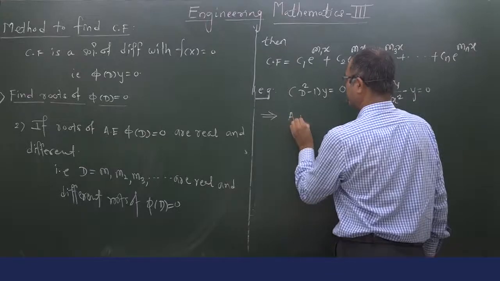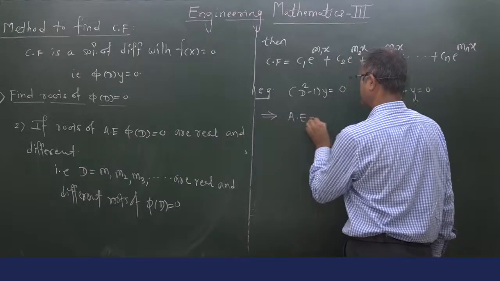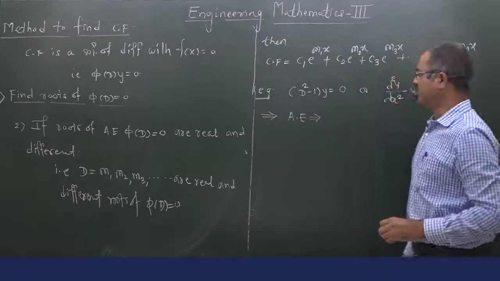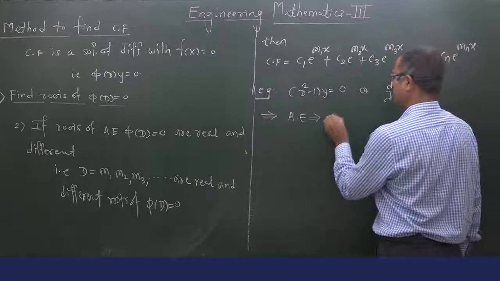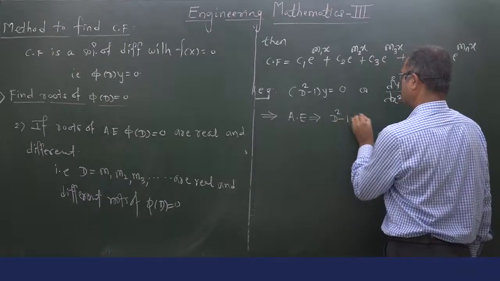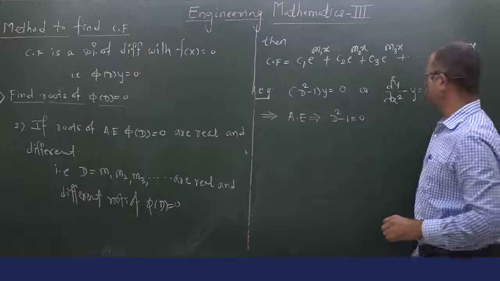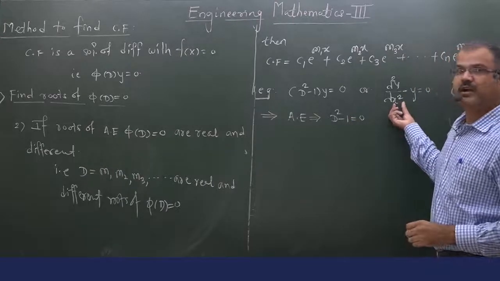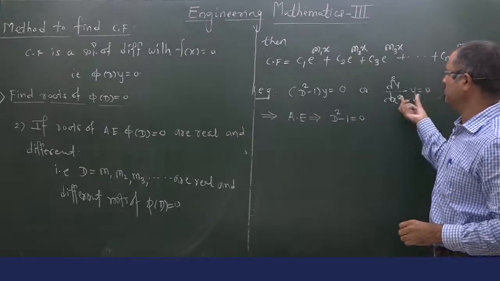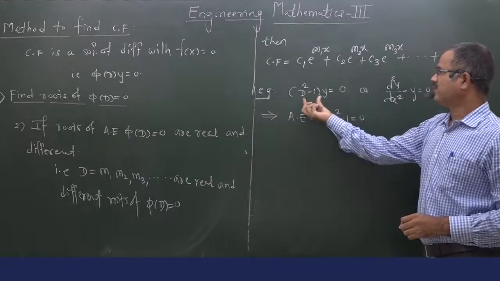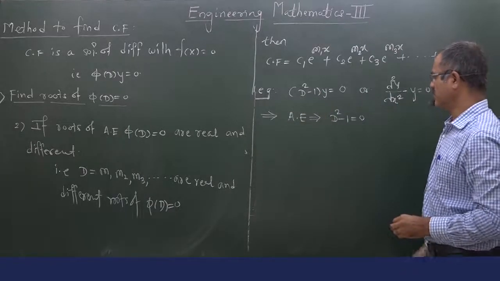In the first step, write the auxiliary equation, which is D square minus 1 equal to 0, or here put d by dx equal to capital D, and then the equation reduces to this form phi of D y equal to 0.